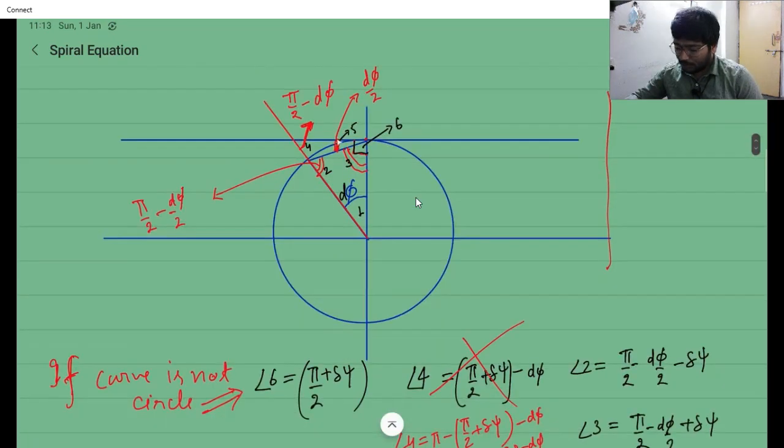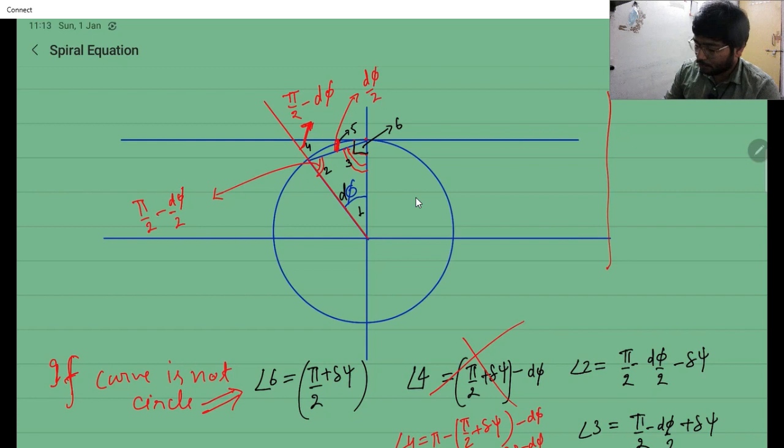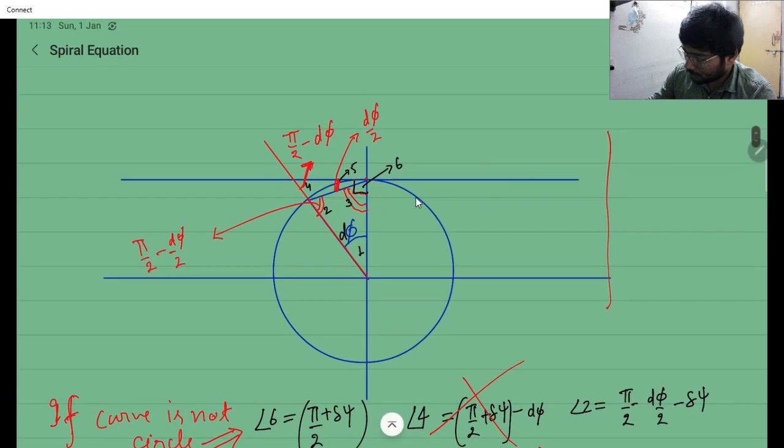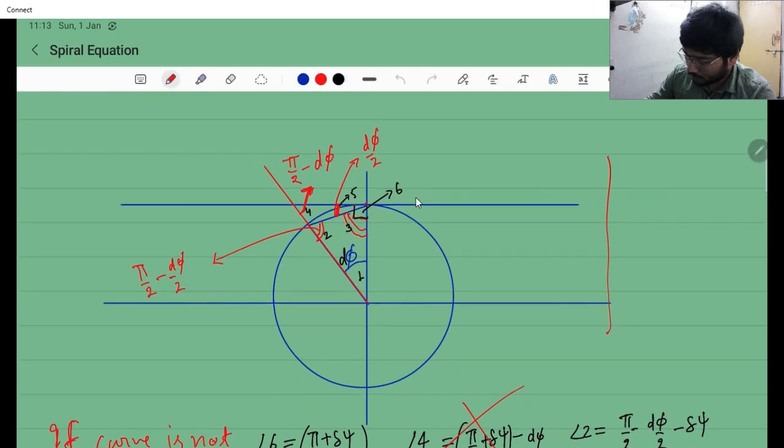The circle looks like this, and this is a blue color circle, and we have drawn a tangent. This is the x axis and this is the y axis.